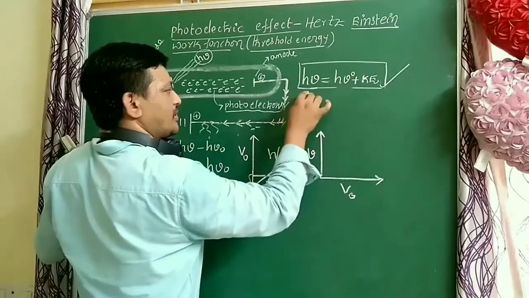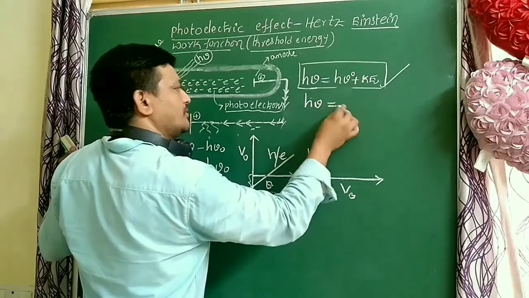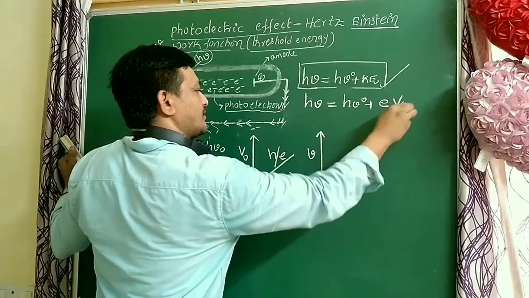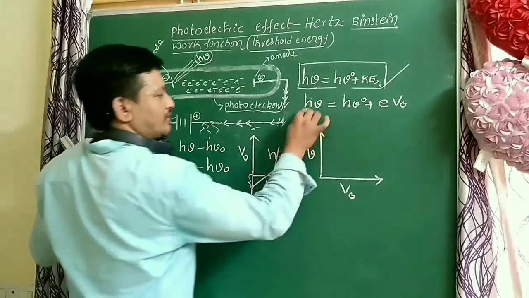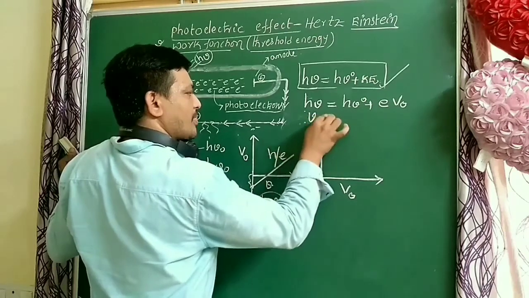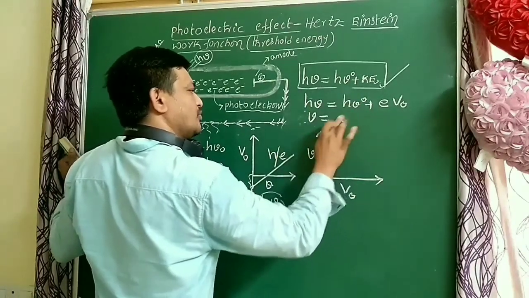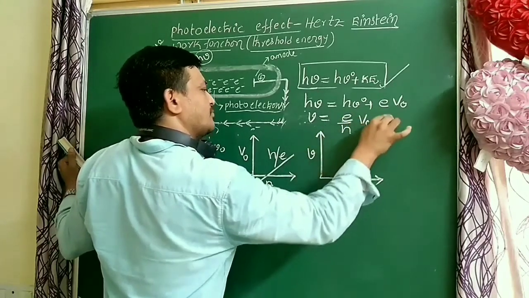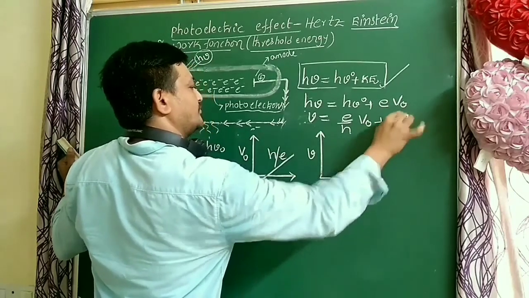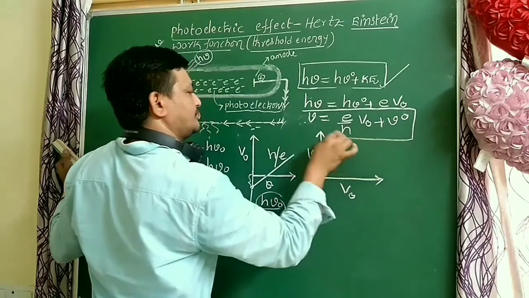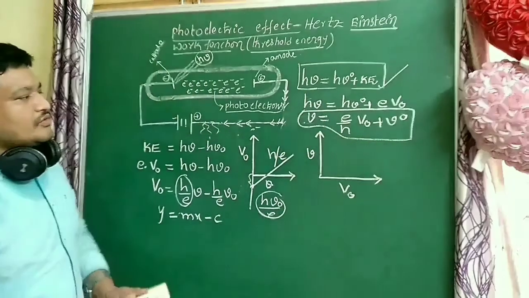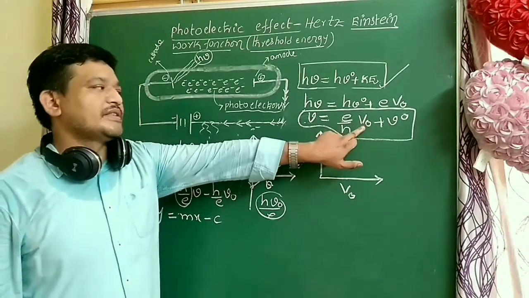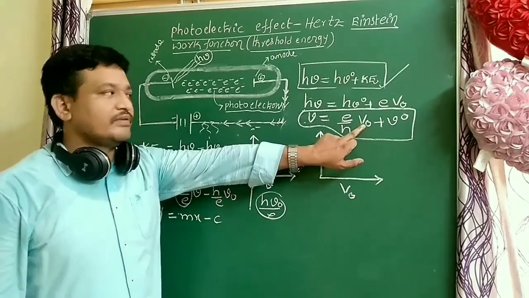So by using this formula, h mu equals h mu naught plus e V naught, h cancels, so mu equals e by h into V naught plus mu naught. So this is the formula, students. So mu equals e by h into V naught plus mu naught. V naught is a potential.